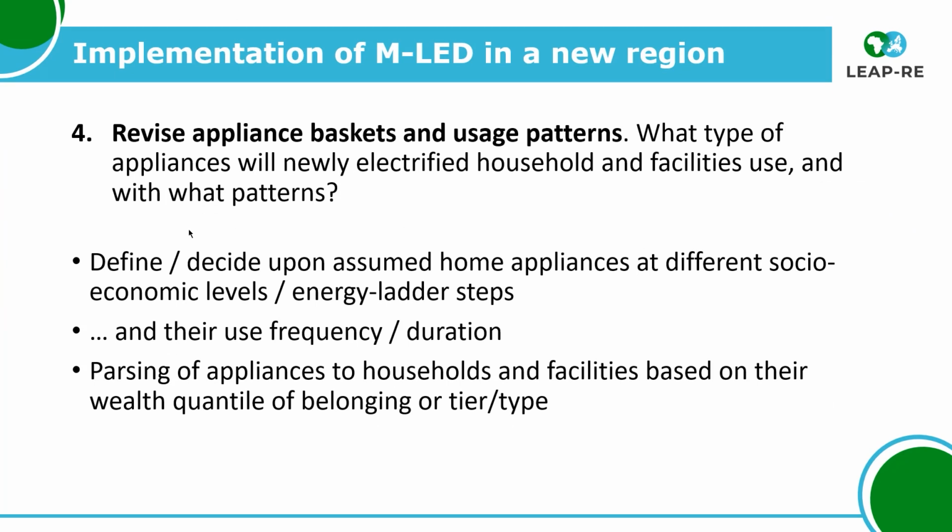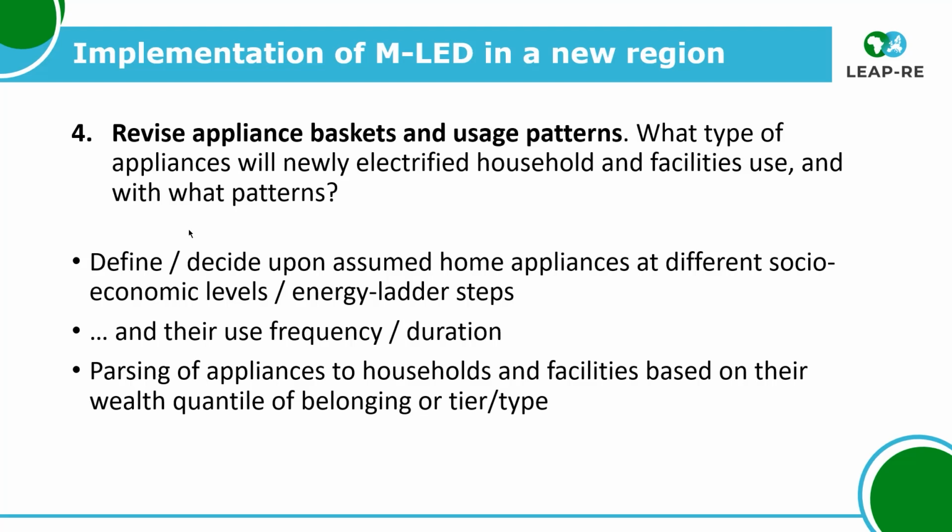Another possible option, which is also part of these assumptions, is the appliance baskets and usage patterns. So what type of appliances will newly electrified households and facilities use, and what patterns? So this might be updated to rerun the RAMP model that generates basically these archetypical load demand outputs that are assigned to newly electrified households and facilities to deal with the latent electricity demand aspect that is represented in MLED.